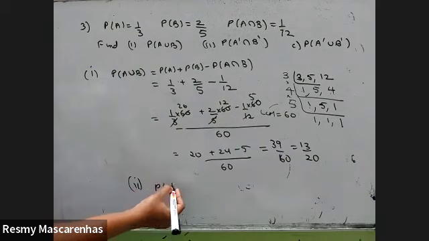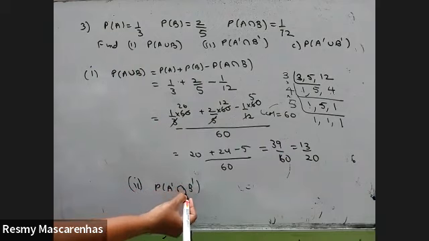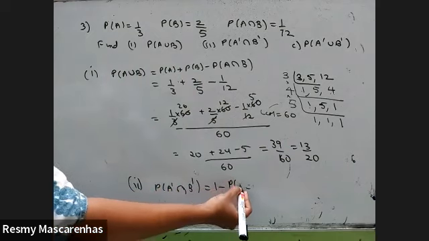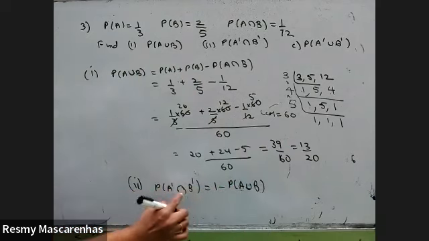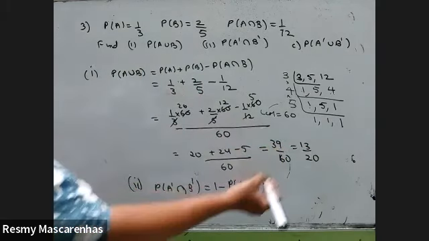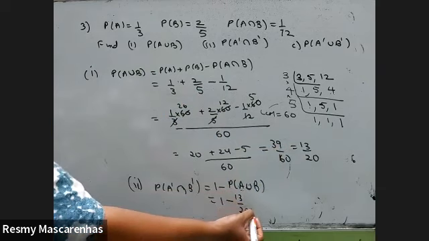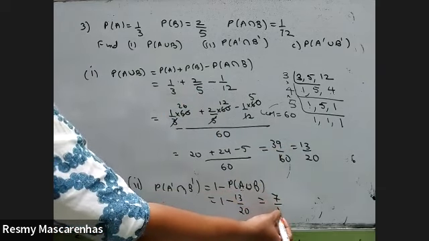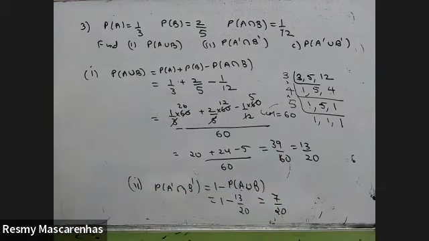Second one, I want to find this, so this will reverse. Complement here, then it will be reverse. Union, we just now found out that is 13 upon 20. That will be 7 by 20.